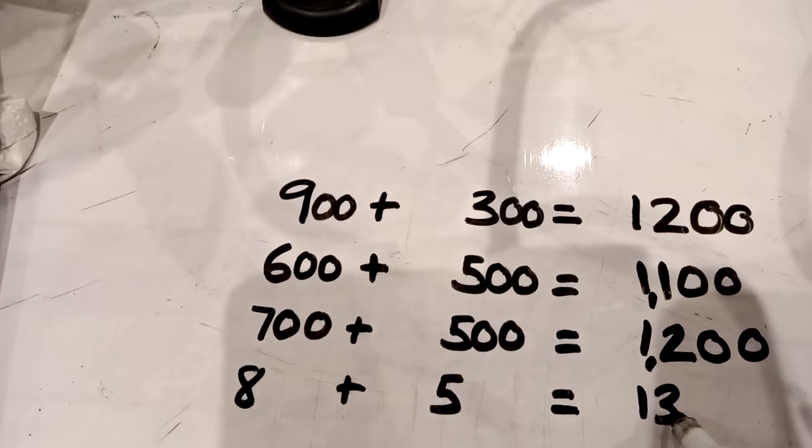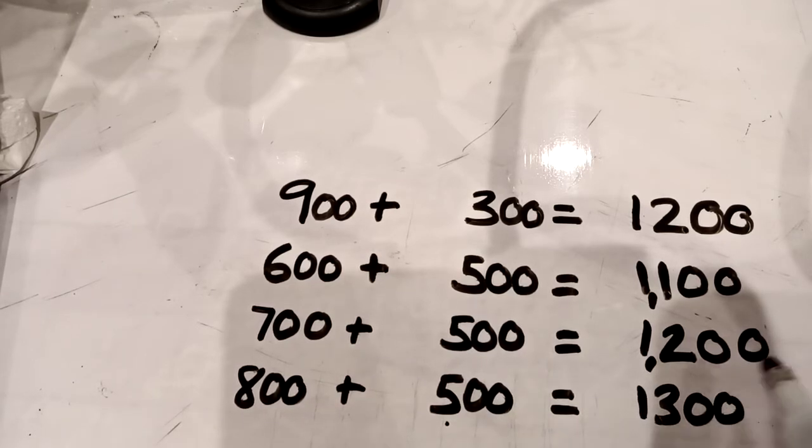8 add 5 is 13. Ready? I'm not just going to ask you what 8 add 5 is, I'm going to ask you what 80 add 50 is. If 80 and 50 are 10 times bigger, the answer's got to be 10 times bigger. If I make it 100 times bigger, the answer's got to be 100 times bigger. And then if I make it 1,000 times bigger, oh my word, 1, 2, 3 zeros.